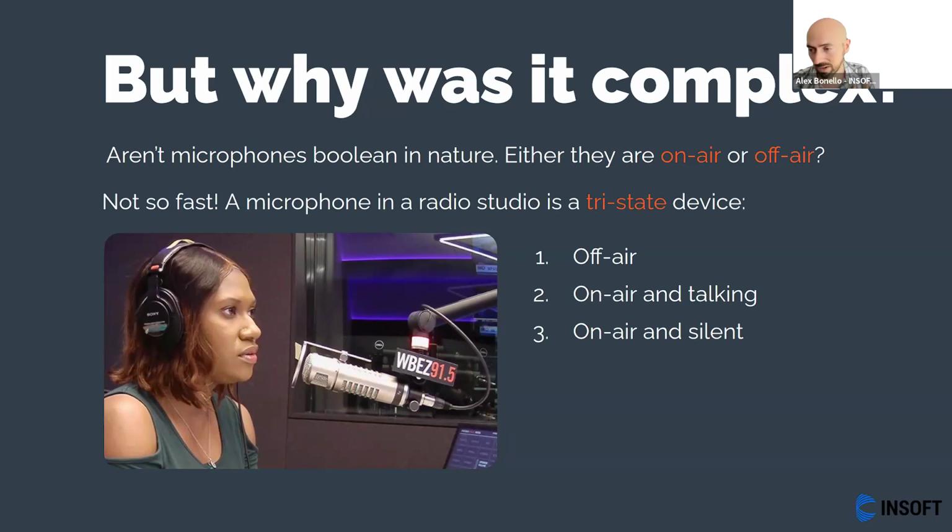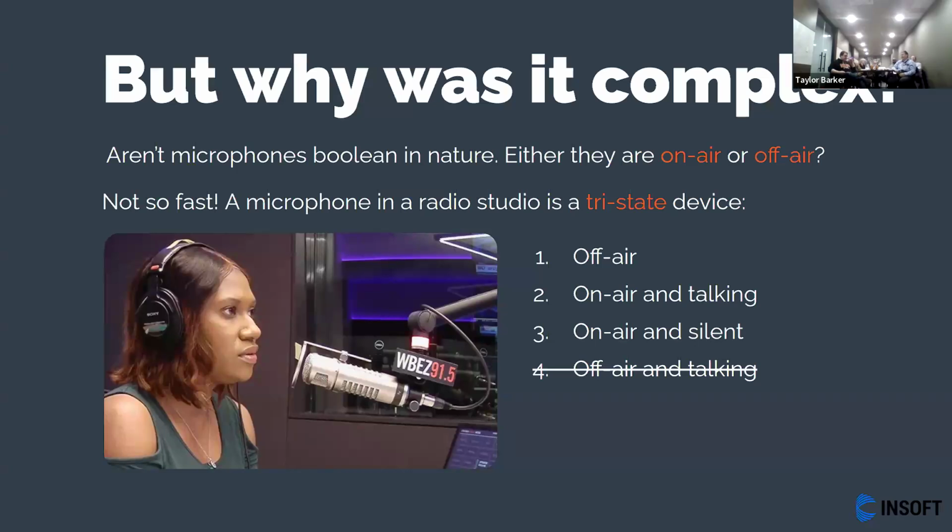And of course, it can be off air and talking, but we don't care about that. So we have 3 states. But certainly all those 3 states are important to make these decisions that we've been talking about.